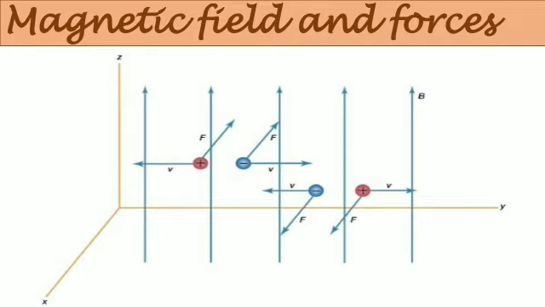They also result from a property of electrons called the magnetic dipole moment, which we have already studied in standard 11th, which is related to the intrinsic spin of individual electrons.